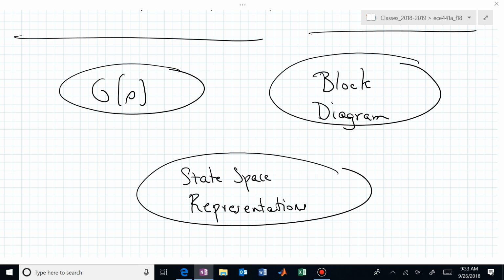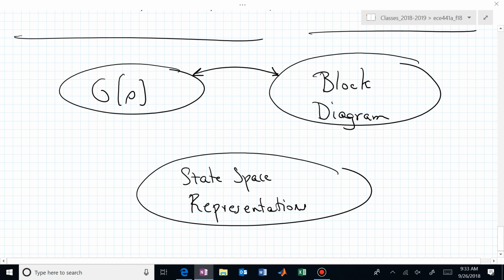You're comfortable working with the cloud. Now you have three new clouds. One is a G of S, one's a block diagram, and one's a state space. But you should be able to now, we've already talked in the last couple of periods how to find a block diagram from a G of S.